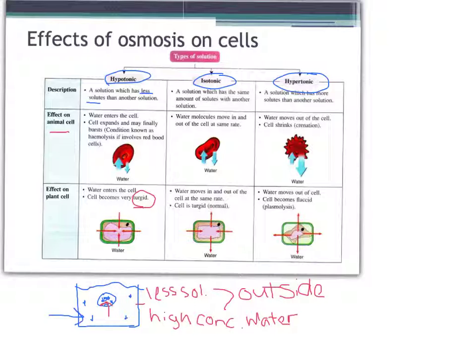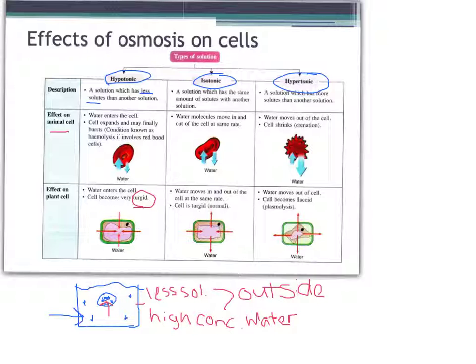Again, vacuoles help with equilibrium and storage. And so as water is coming in, it's going to go into this vacuole and push on the cell membrane, which is in turn going to push on the cell wall. So it's going to be very stiff.